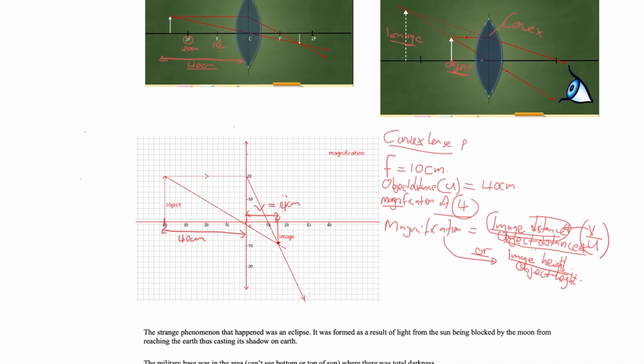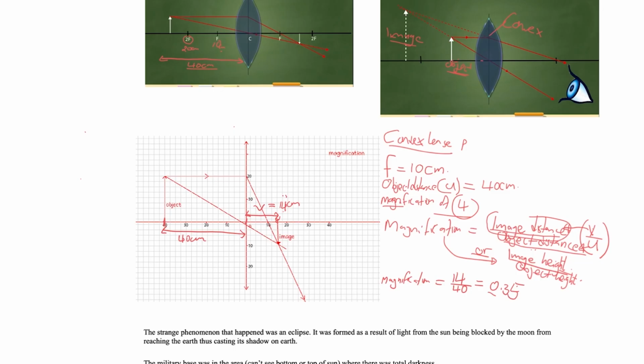Then you come and say magnification is equal to 14 out of 40, which is approximately 0.35.